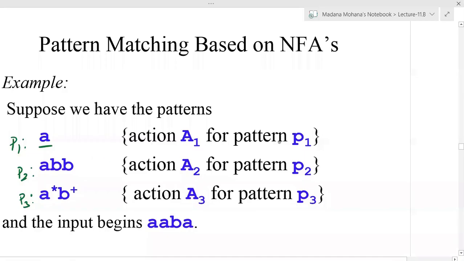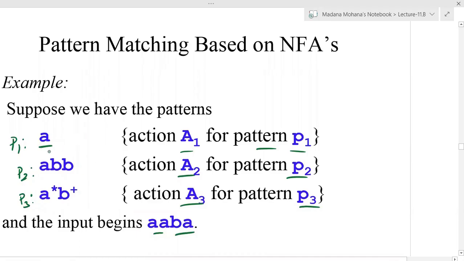For pattern P1, action A1; for pattern P2, action A2; for pattern P3, action A3. Let us take the input beginning AABB, AABA. With this, we can now see the acceptance of the input string AABA, which can be taken from the combination of these 3 patterns.